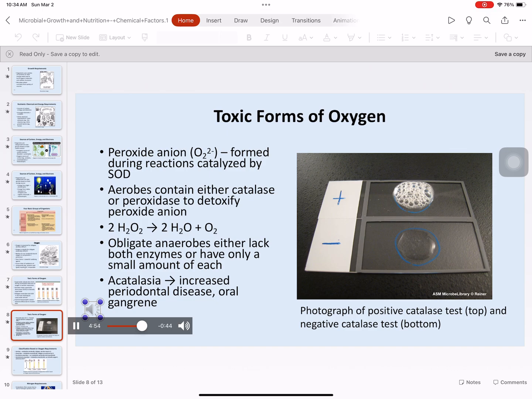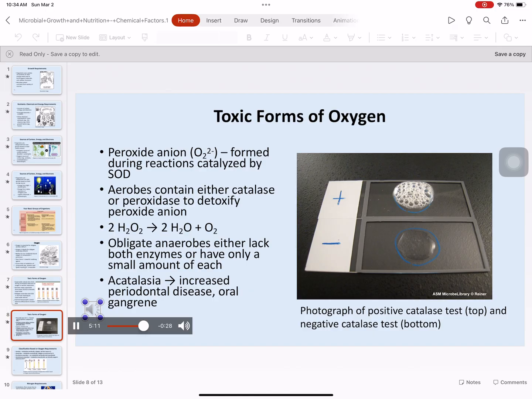In humans, there is a disease called acatalasia, which results from a defect in the enzymes that are required to make the catalase enzyme.